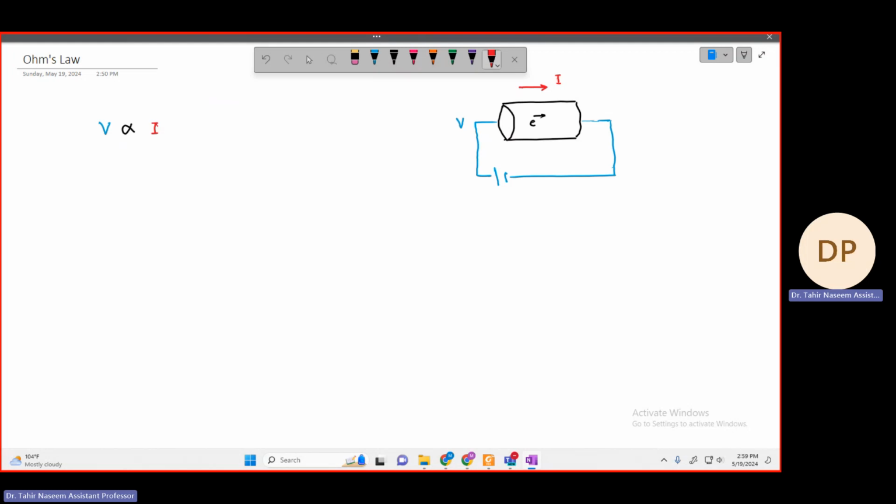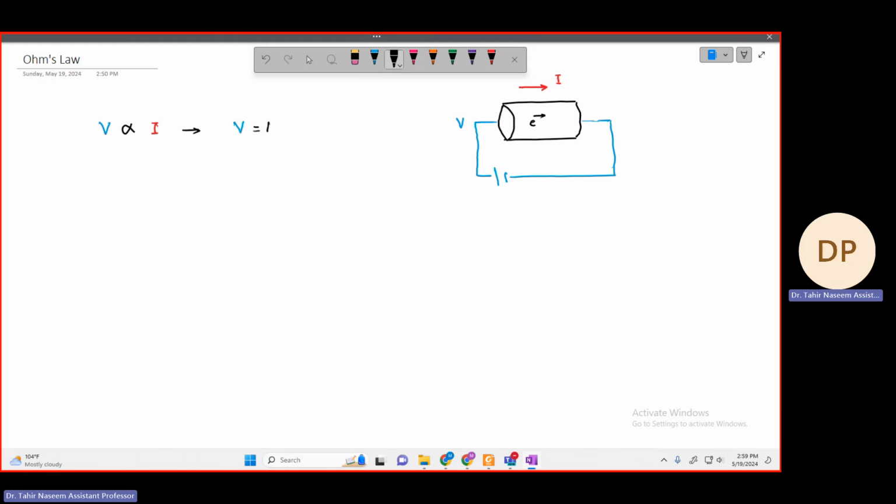For example, in the case of a filament bulb, when we apply a potential difference, initially the applied potential and current are proportional, but after some time this proportionality breaks, right?